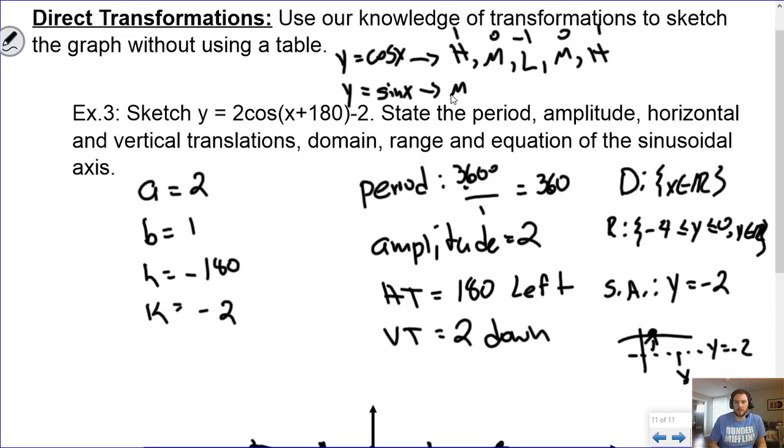It starts at the middle, and then from the middle it goes to the high, and then from the high back to the middle, and then from the middle to the low, and then from the low back up to the middle. But the values are the same: the middle is 0, the high is 1, 0, negative 1, 0. So we can use the new high and low values to make my new graph, and then shift it left and right according to my horizontal translation.